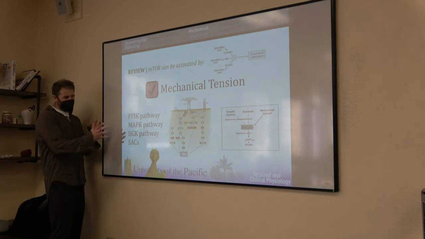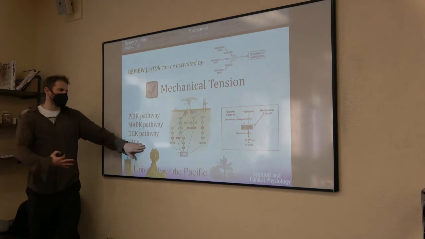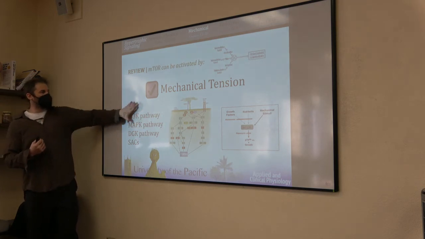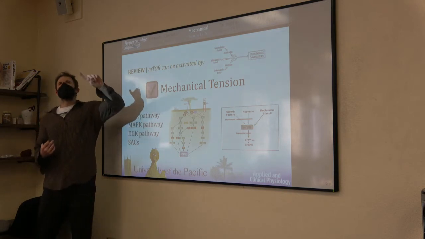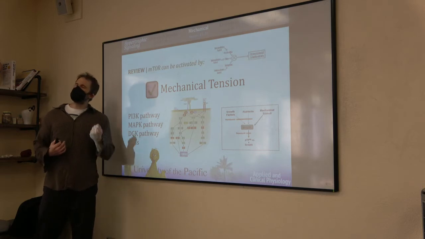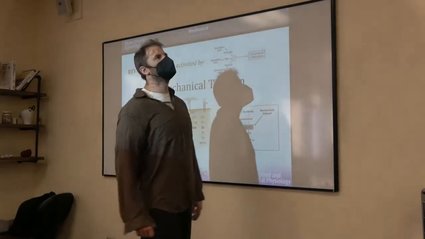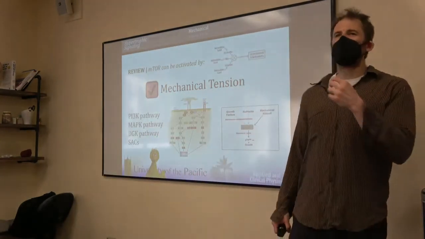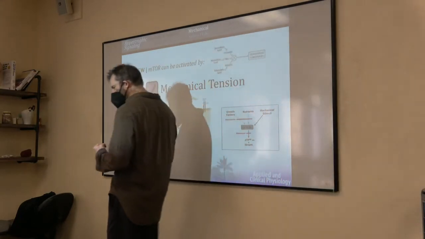So there's a lot of pathways. This isn't everything. But stretch-activated channels, getting into calmodulin and calcineurin and stuff like that. DGK, MAPK, PI3K, all of these are activated through mechanical loading independent of chemical signals, independent of IGF, and independent of these chemicals that we talked about before, the myokines and stuff like that, independent of all of that.